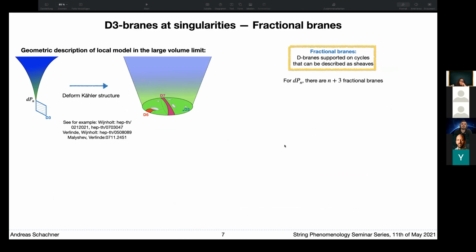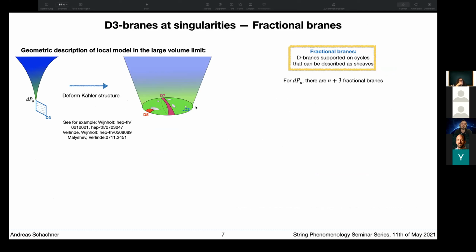Now, how do we describe the world volume theory from a D3 brane at a dPn singularity? Here we take a large volume perspective by looking at a complex cone over one of these dPn singularities and deform the Kähler structure in such a way that we blow up certain cycles inside the singular geometry by giving cycles finite volumes.